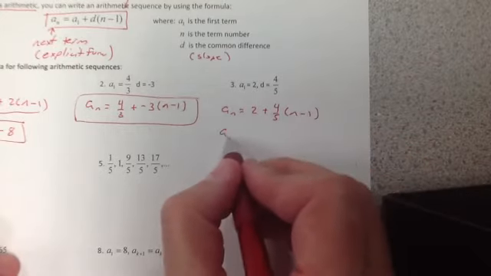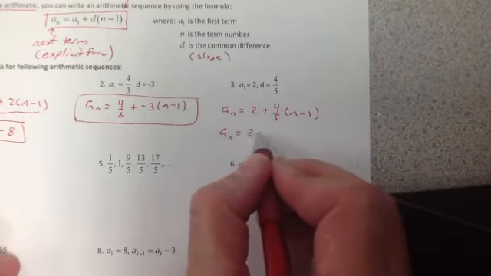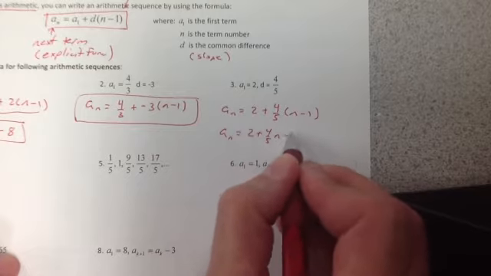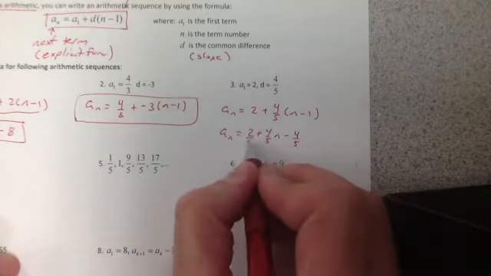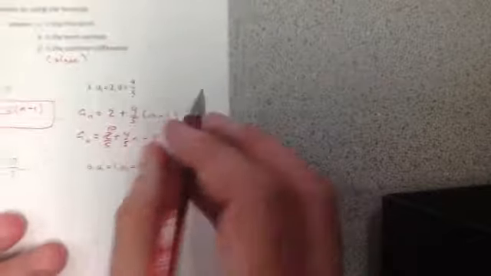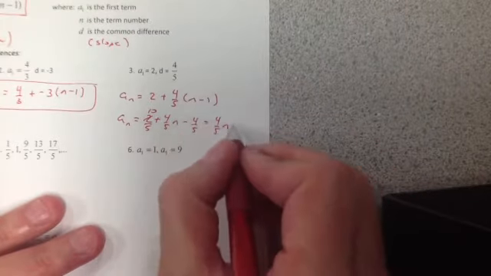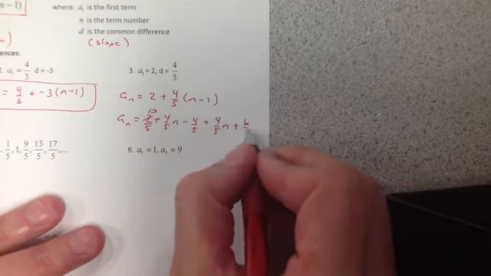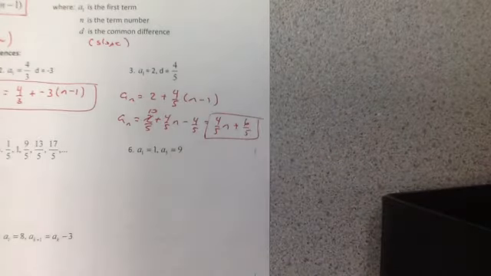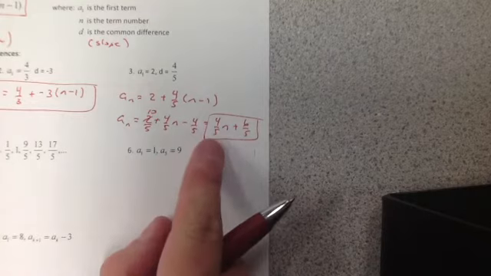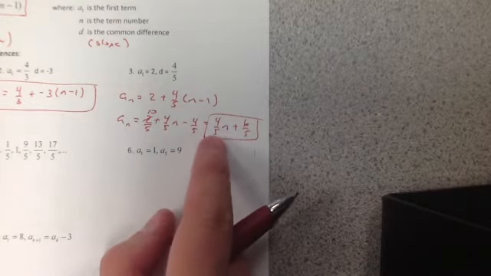If you want to simplify, you can. A sub n equals 2 plus 4/5 n minus 4/5, common denominator, which will equal 4 over 5 n plus 6 over 5. You can simplify it if you want to. We sometimes like this because you can see it as being the slope of a line.